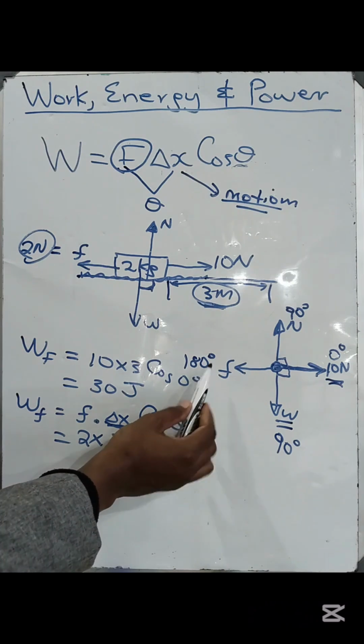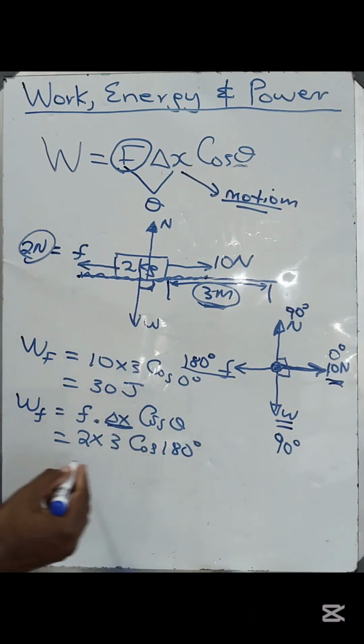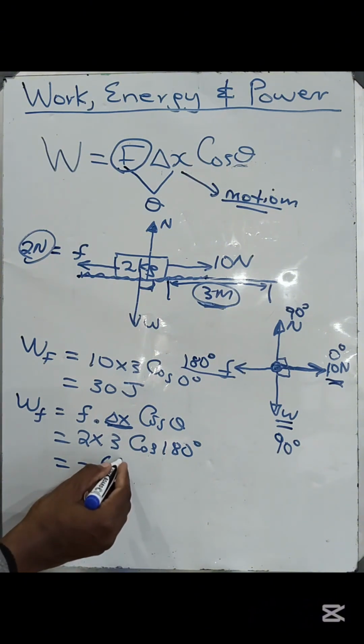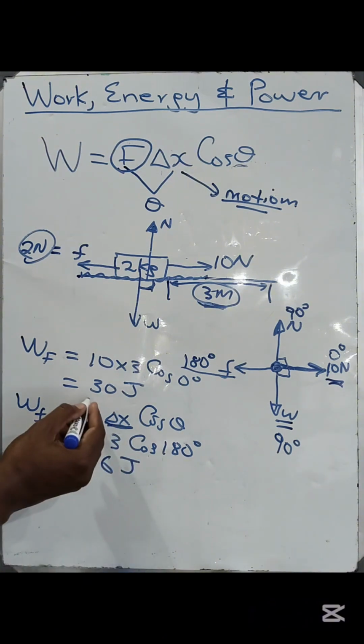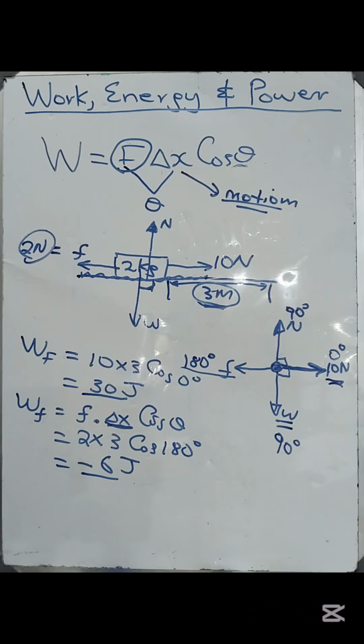For a frictional force it is 180. It will always be 180. So in this case, we are going to get negative 6 joules. Friction is doing negative work on that object, which means friction causes the object not to move freely. But since we have 30 and minus 6, we are still winning with 30.